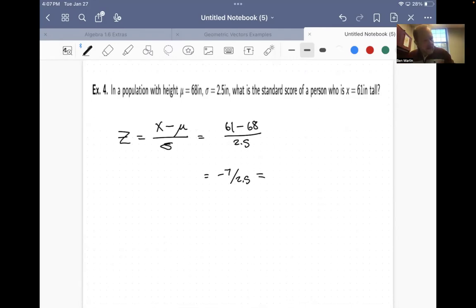I can't do that in my head, so I grabbed a calculator and I got -2.8. It is a unitless thing. It is just giving the answer to the question, how many standard deviations above if it's positive or below if it's negative is that data score. Okay.